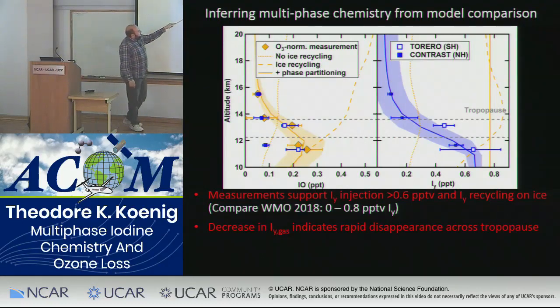So what we do is we impose that same exponential fit function that I showed on the previous slide, and we say, okay, in the troposphere, where ozone is low and water is high, it's essentially following the process we understand. But then I'm going to create this parameterization, and it's going to say that all of this iodine that's disappearing is going to appear as particulate iodine.